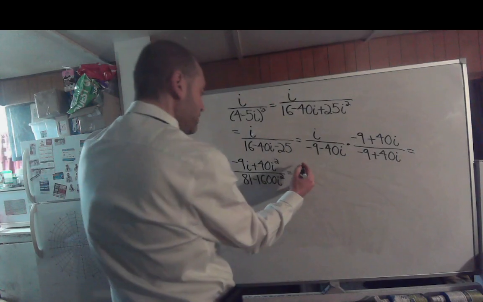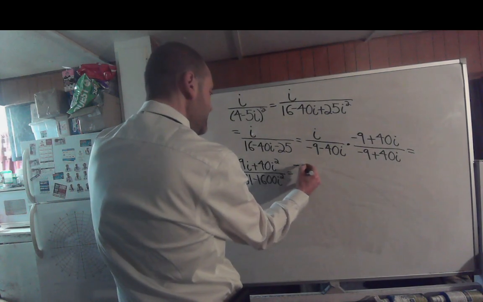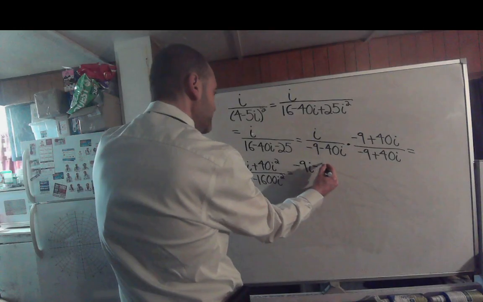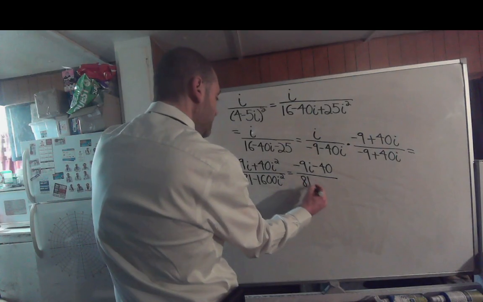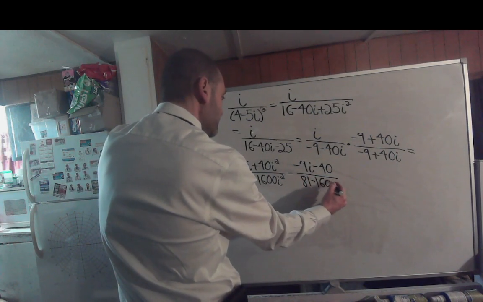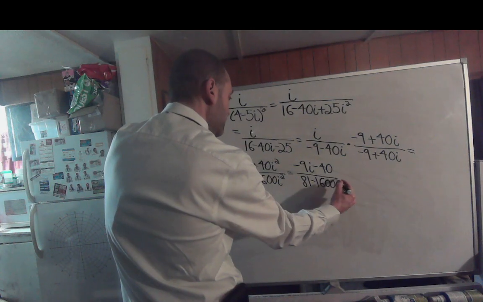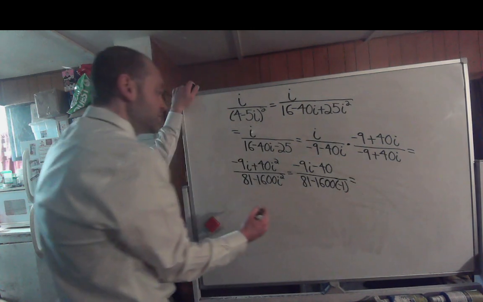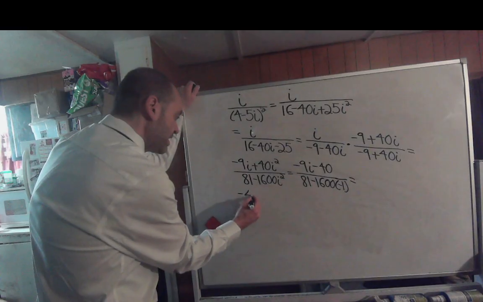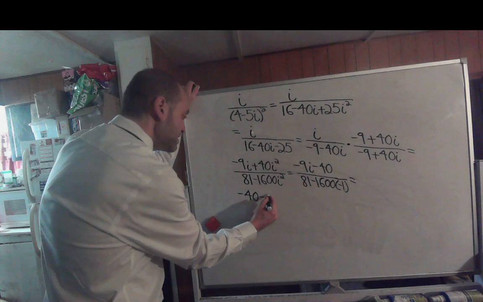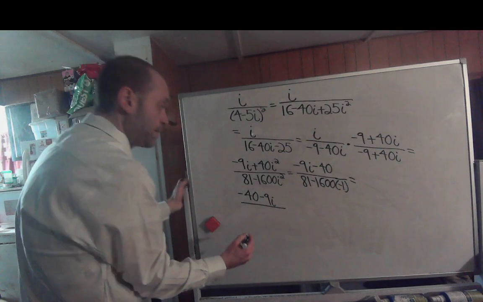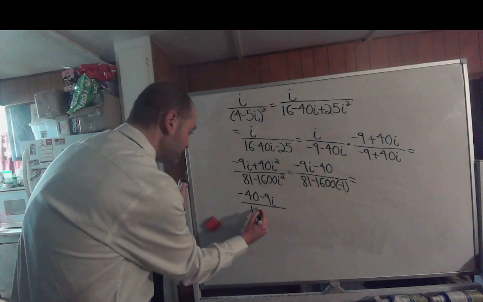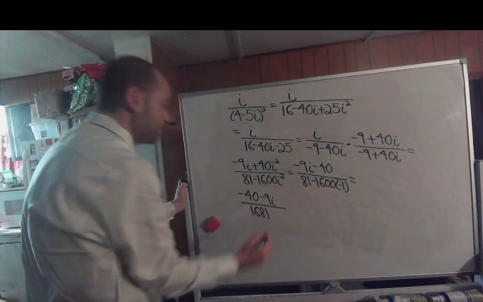In the numerator, this would end up turning into negative 9i minus 40 all over 81 minus 1600 times that negative 1. So now you would have in the numerator negative 40 minus 9i all over 1681.